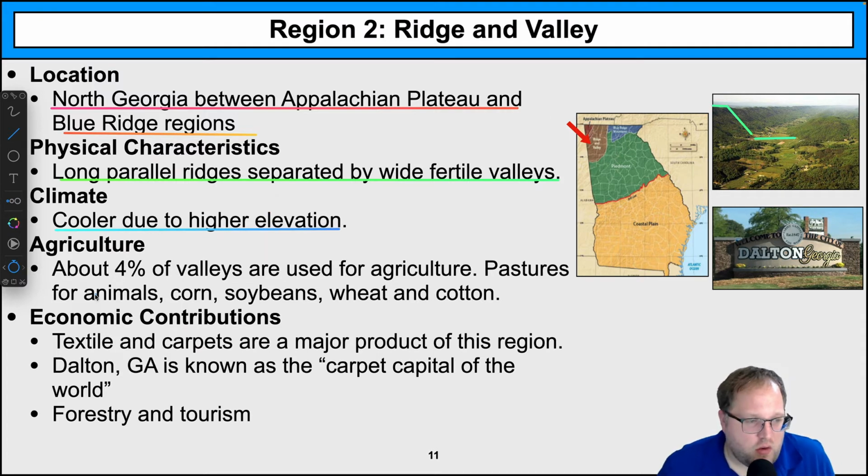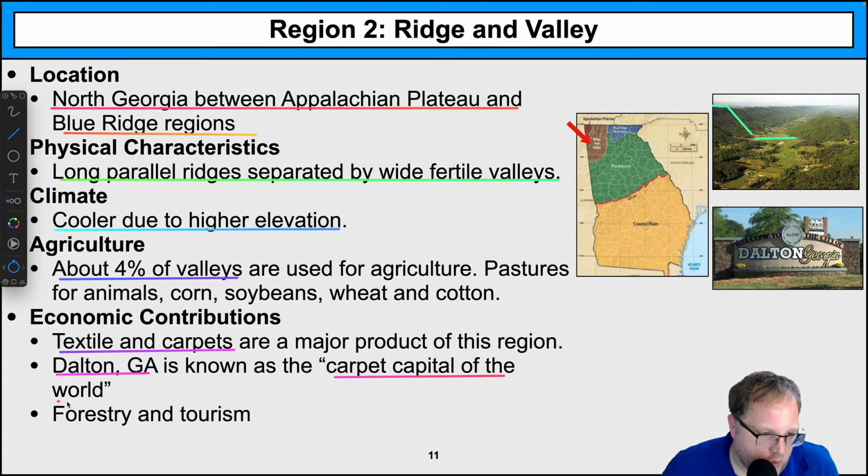And we need to know that in this region, there is only about 4% of the valleys used for agriculture. So there's not a lot of agriculture in this region. Instead, the major industry in the Ridge and Valley is actually the textile industry and the carpet industry. There is a city in the Ridge and Valley known as Dalton, Georgia, which has the nickname the carpet capital of the world.